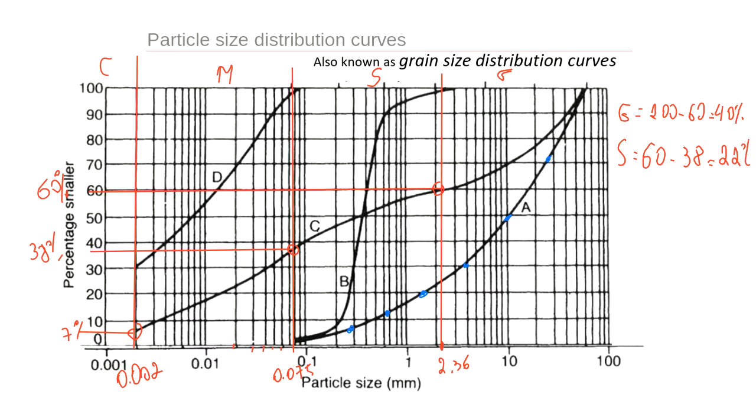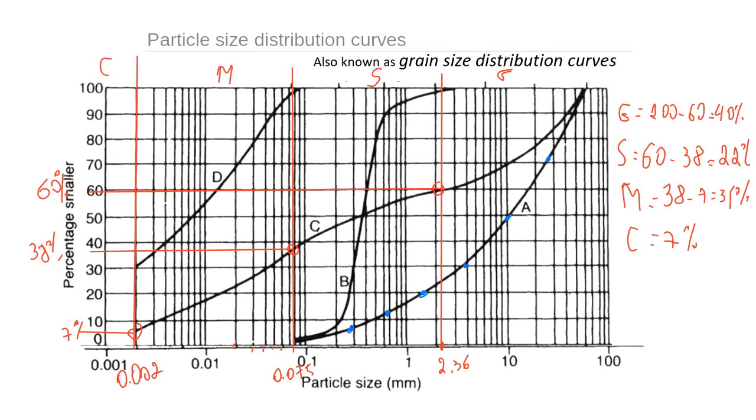Then silt is 38 minus 7, 31%. And clay is just 7%. So that's what we have. That's how you get all the percentages. Try to get these numbers as accurate as possible. That's my only advice to you.